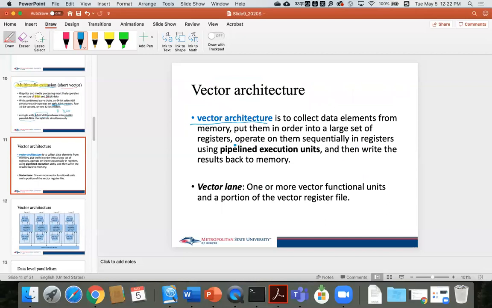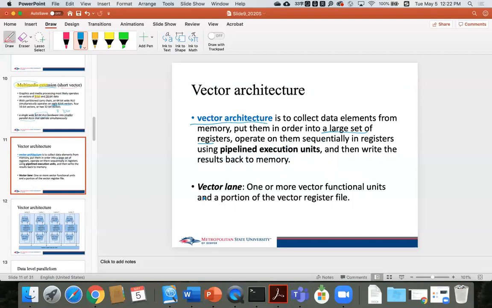The vector architecture is a pure vector idea: collect the data elements from memory and put them in order into a large set of registers, and then operate on them sequentially in the registers using pipelined execution units.